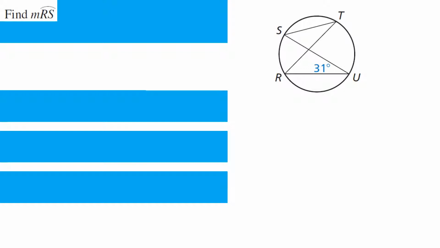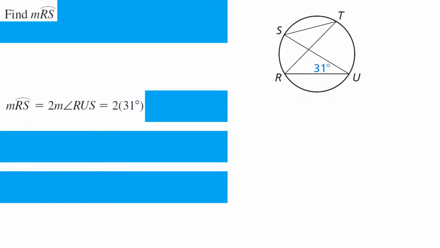Ooh, a lot going on with this picture. Let's find the measurement of arc RS. Well, it looks like it subtends angle U. So I know the measurement of the arc has to be twice the measurement of the angle because it's an inscribed angle.